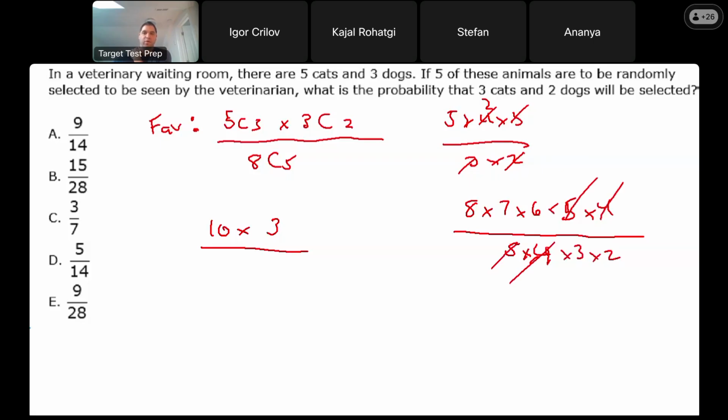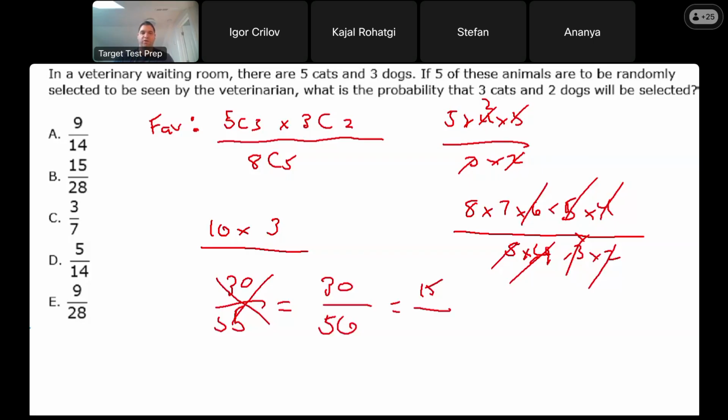The 5 and the 4 go away. 3 and the 2 go away with the 6. So it's 30 over 56, which is 15 over 28.